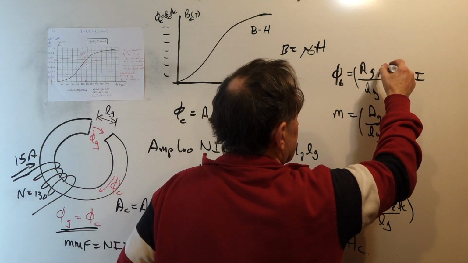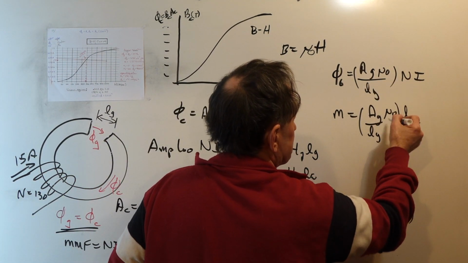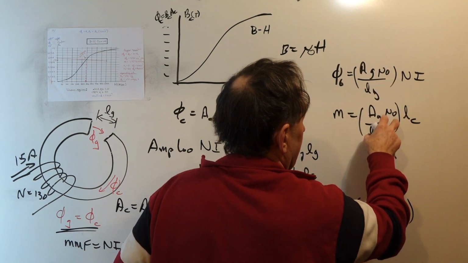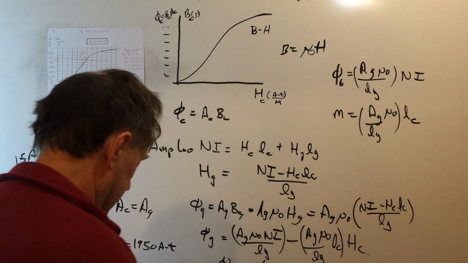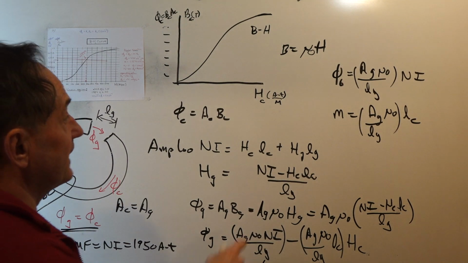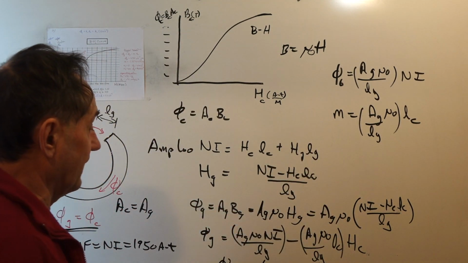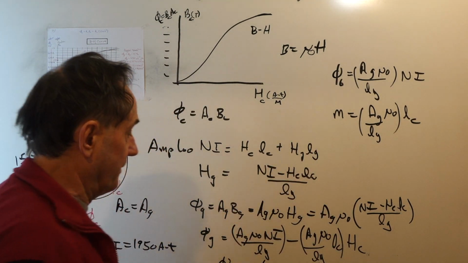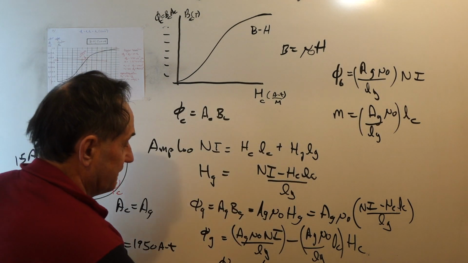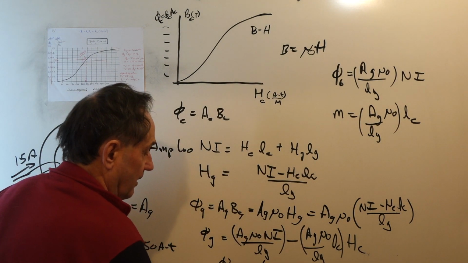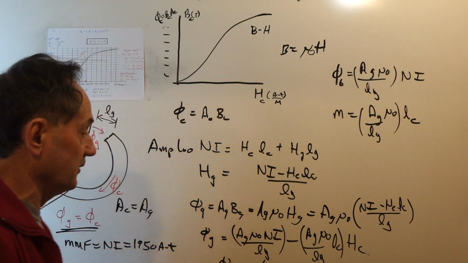I partitioned it this way because in parentheses we have the same value, so we only have to calculate it once in that case. So this is the equation of a straight line with a negative slope with respect to phi, our flux, and the H field in the core.